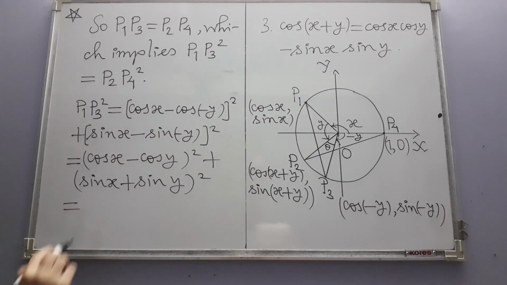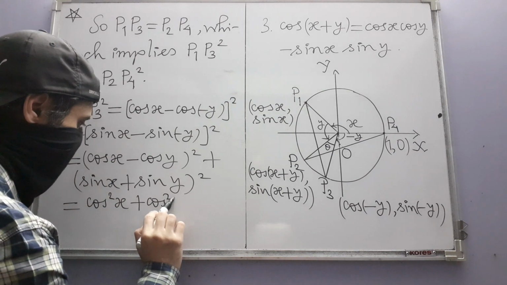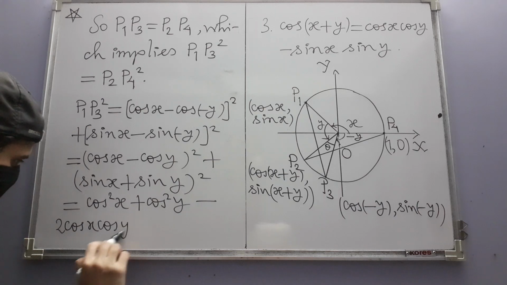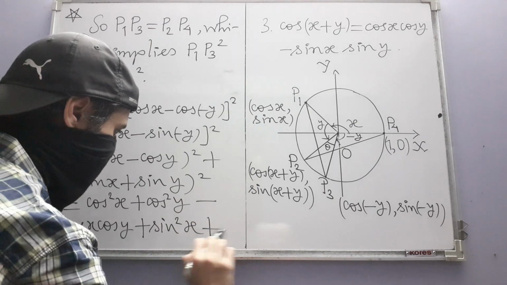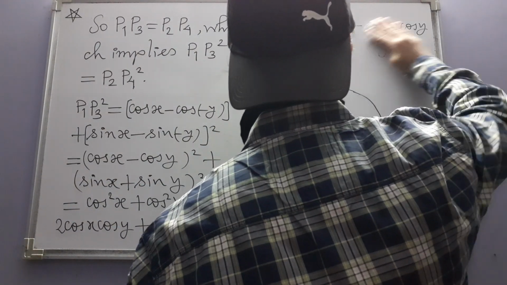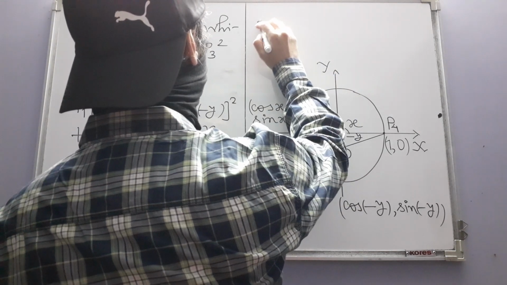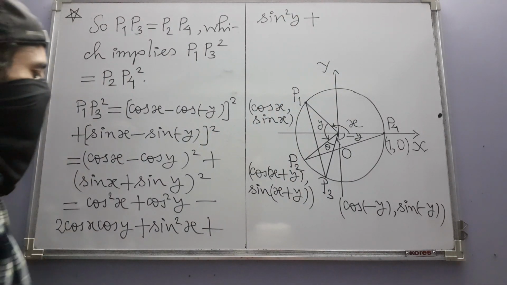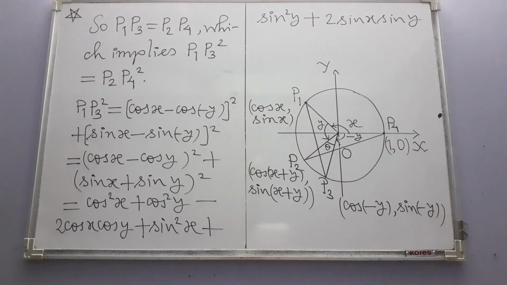Alright, now if you expand these squares, you are going to get cos square x plus cos square y minus 2 cos x cos y, and expand this one also, plus sin square x plus sin square y, because it is a plus b whole square, so plus 2 sin x sin y. Okay.